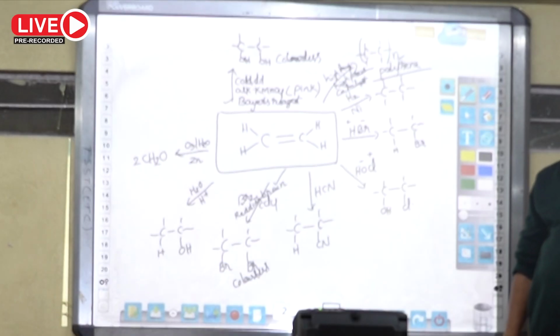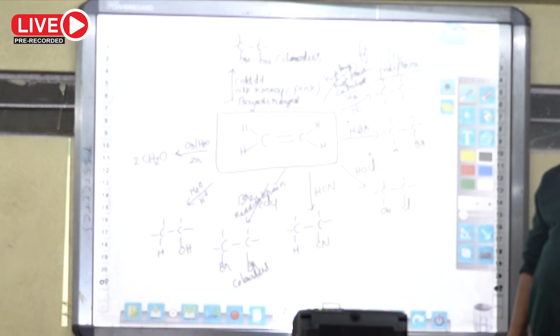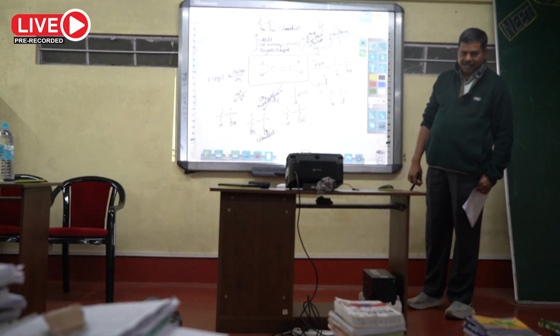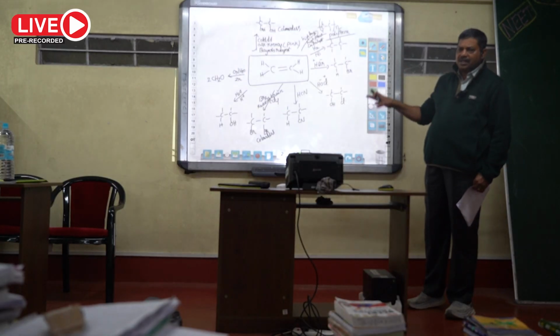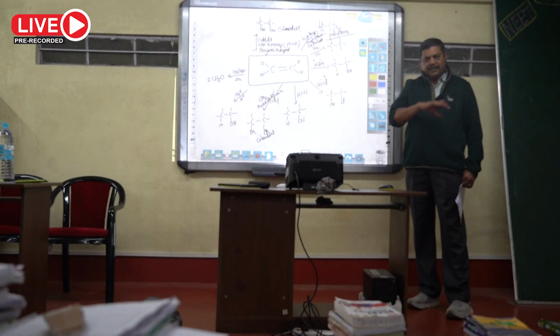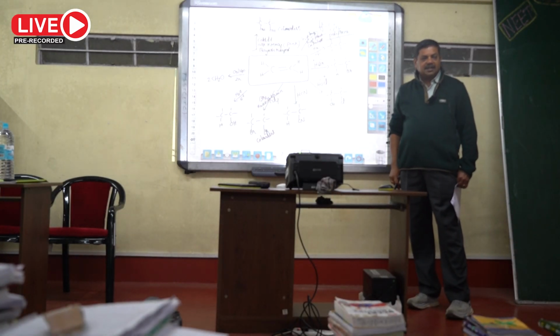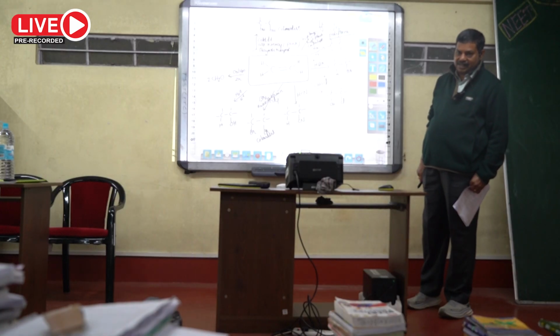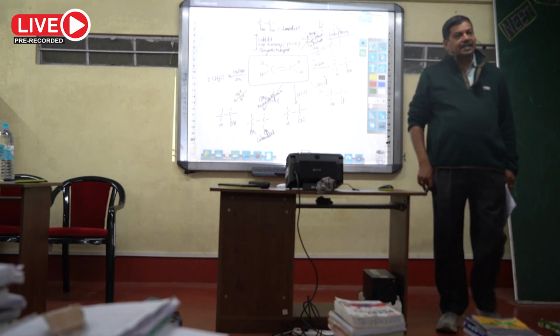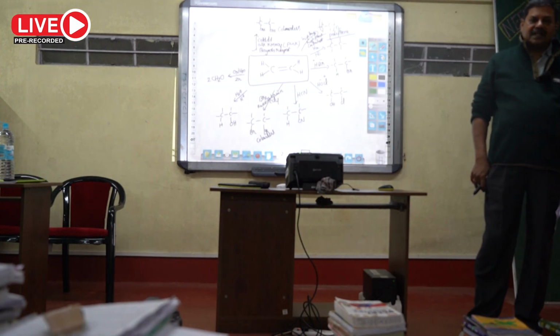So these are all alkene reactions. So alkenes undergo what type of reactions? Electrophilic addition reactions. The previous chapter, alkanes undergo free radical substitution reactions, FRS. Alkenes undergo electrophilic addition, EA. Alkynes also undergo electrophilic addition.